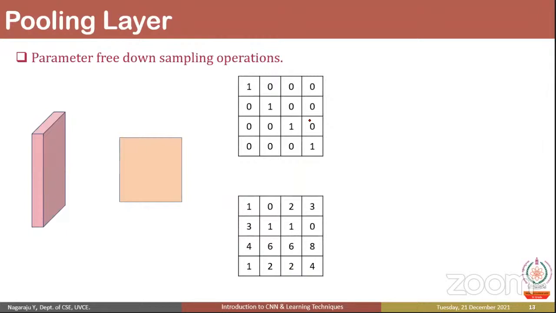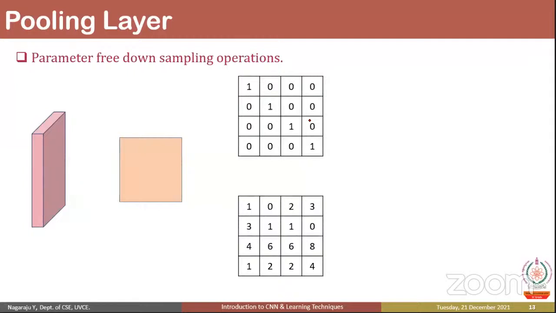So here comes the pooling layer, the next important layer in convolutional networks. The pooling layer is also called a downsampling layer because it is used to reduce the dimensionality of an image.